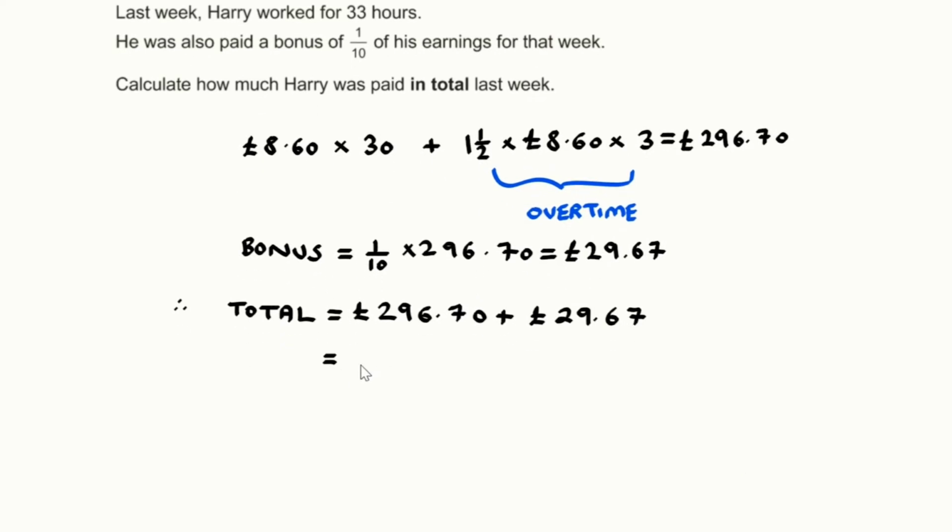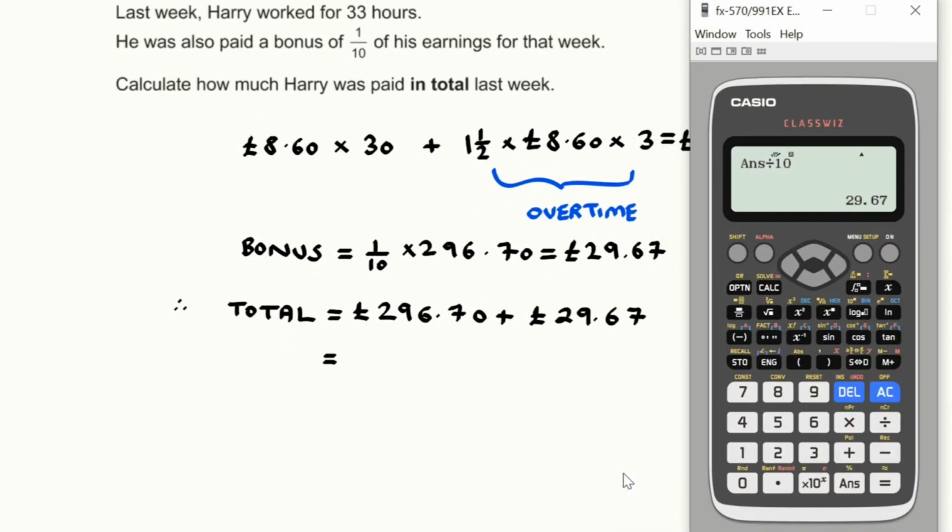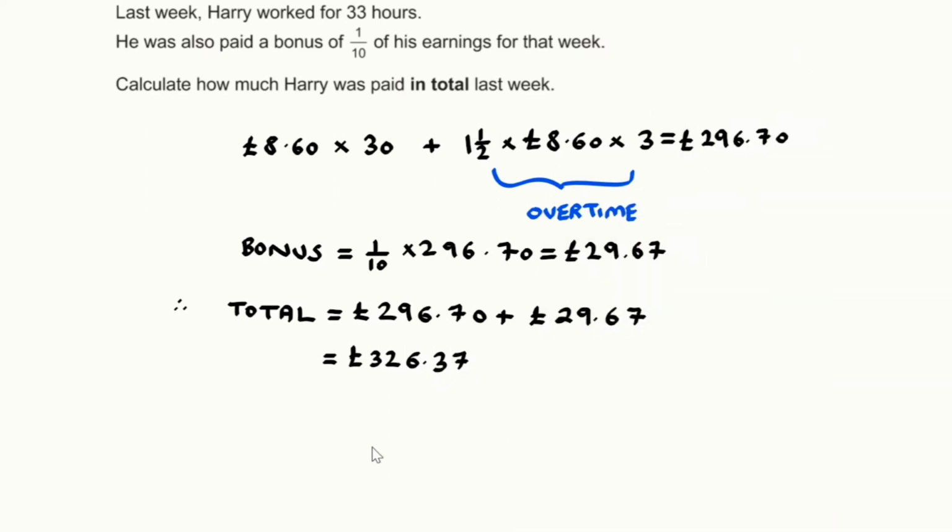And if we work this out, adding on to this 296.7, we get 326.37. That's the total he was paid last week. £326.37.